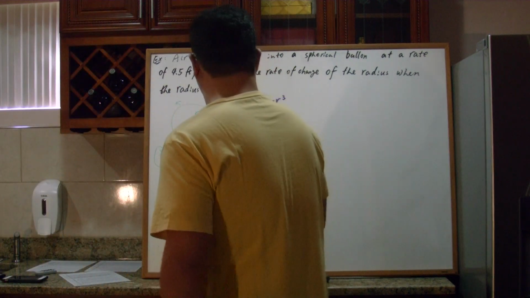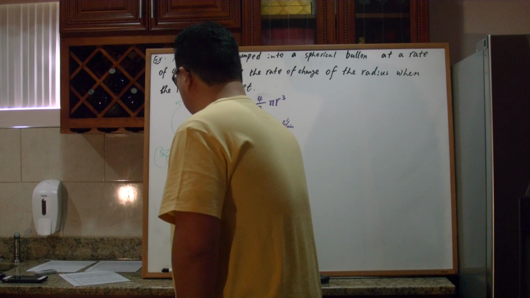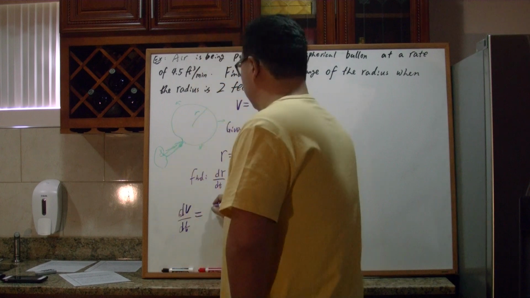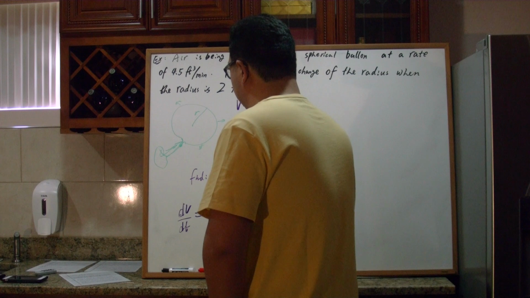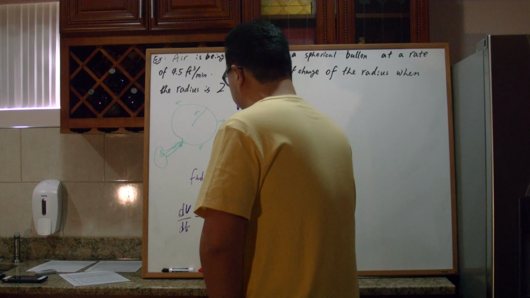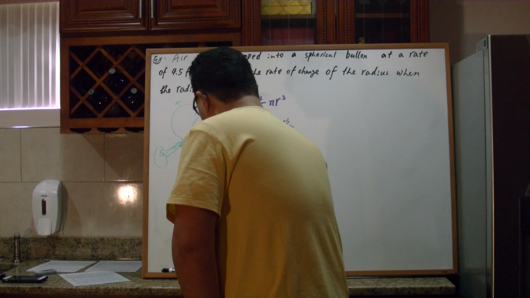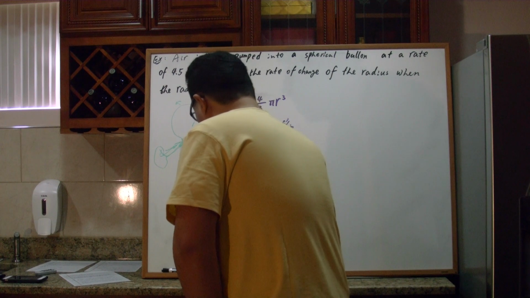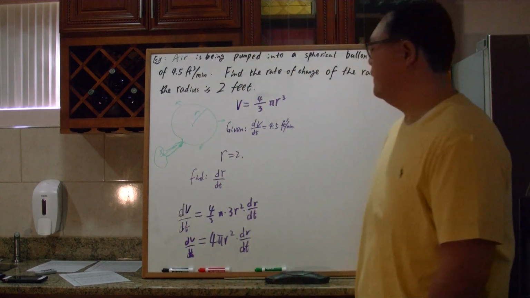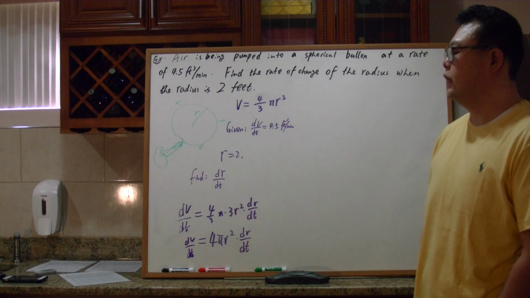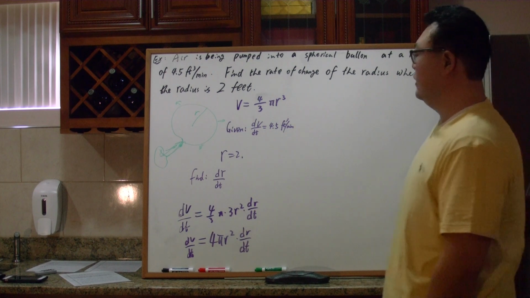So we take the derivative. dV/dt is 4/3 pi times 3r squared times dr/dt, which is 4 pi r squared times the rate of radius change.